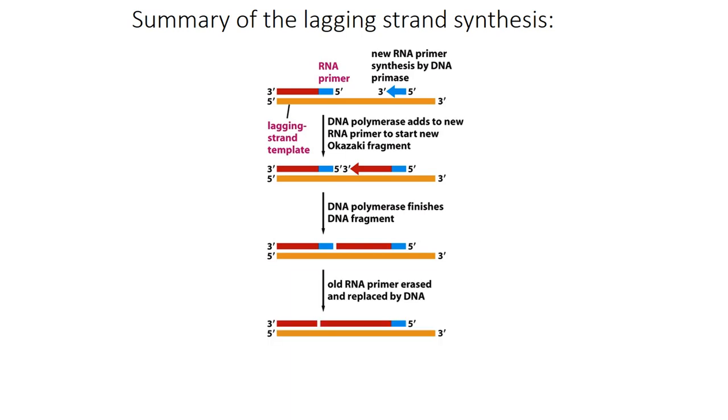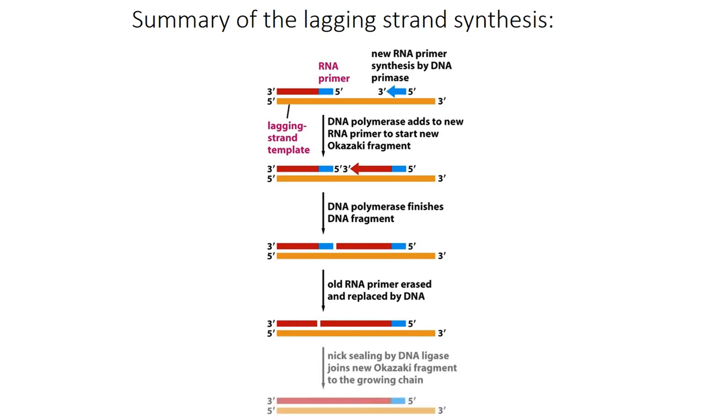And then this primer needs to be removed and replaced by DNA, and this is being done by DNA polymerase 1, the first polymerase that has been purified by Arthur Kornberg. And the only thing remaining here is the ligation of these pieces, and that's basically the way nature deals with this lagging strand synthesis.